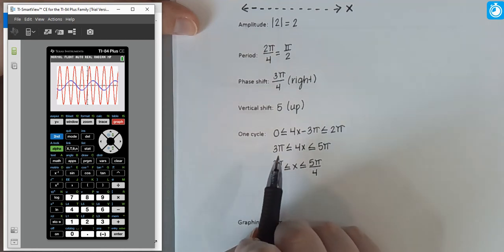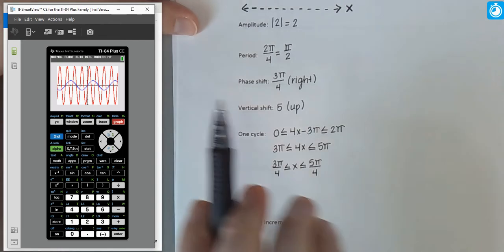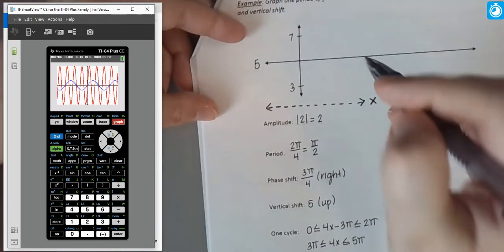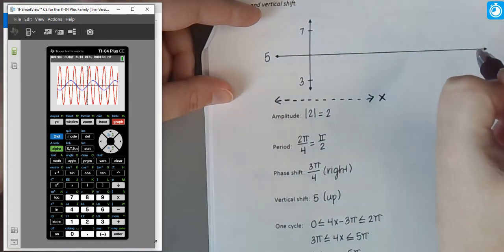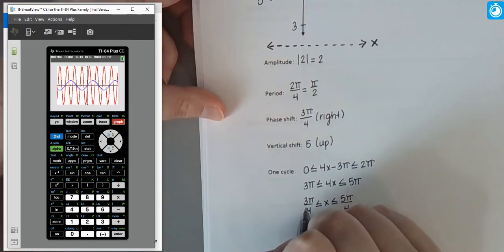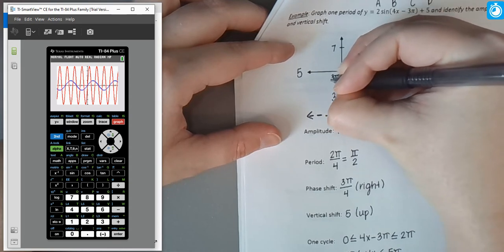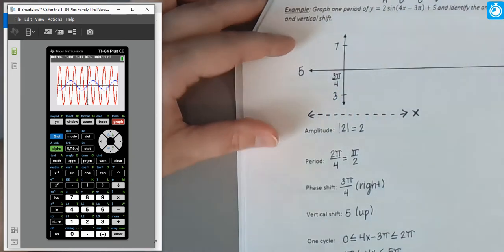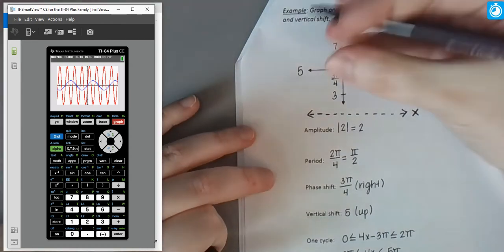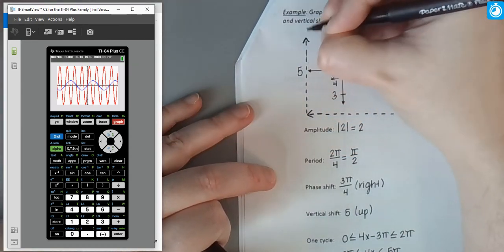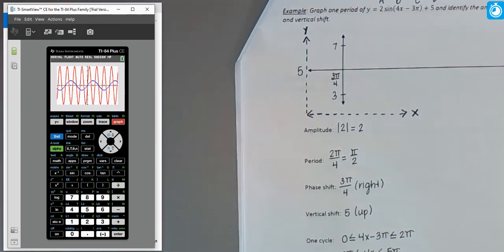Now notice in this case where we're starting is actually going to be towards the right of the y-axis. So if we're going to use our lines, again, strategically to simplify our graphing, we're not starting at 0, we're starting at 3 pi over 4, which means our actual y-axis is somewhere over here. That's our actual y-axis.